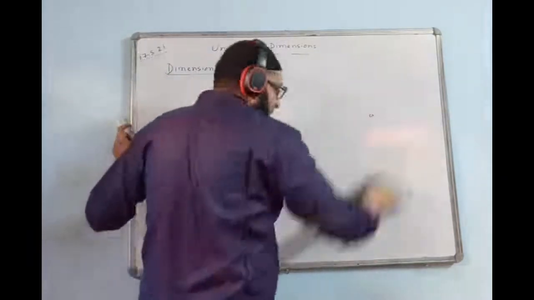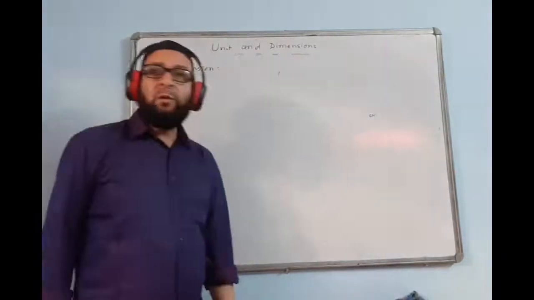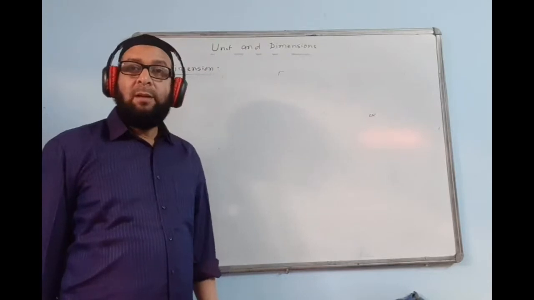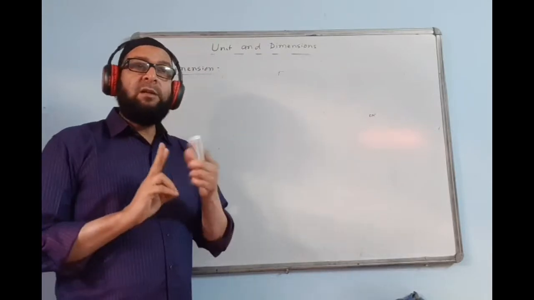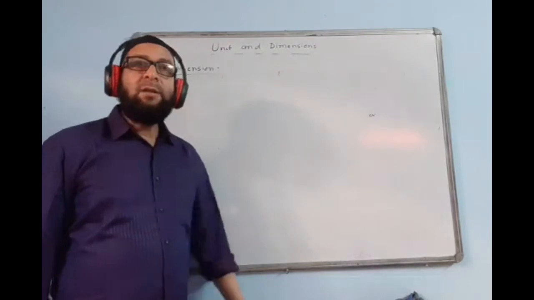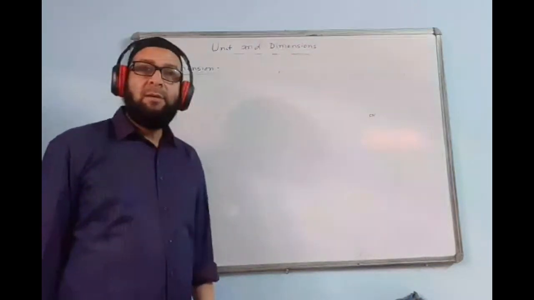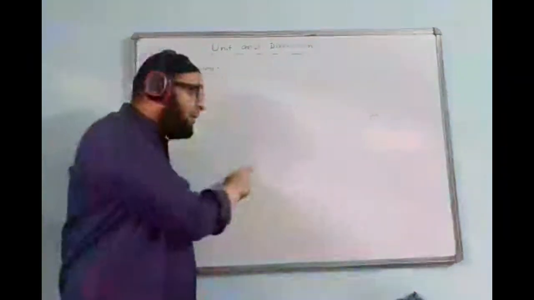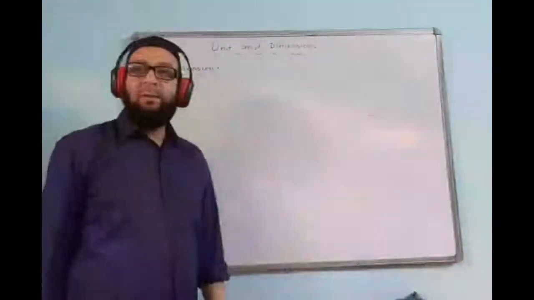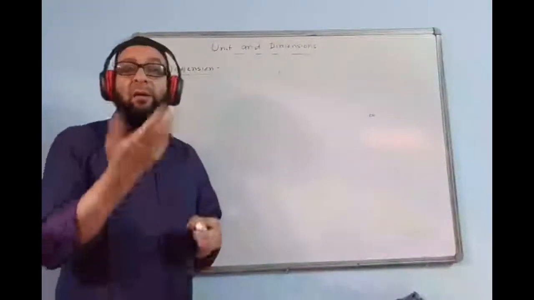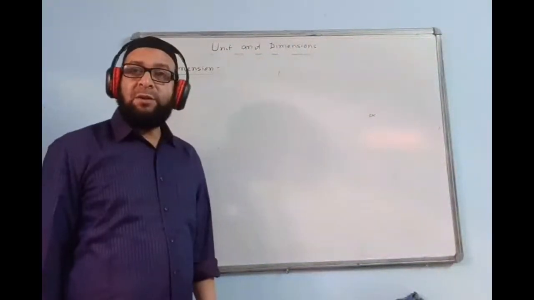Now, listen. Can two different physical quantities have the same dimension? Just now we had done work and torque, they were having the same dimension. If I say kinetic energy and work, are they having the same dimension?